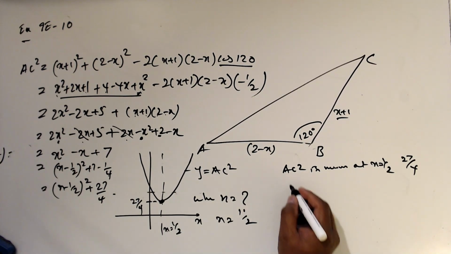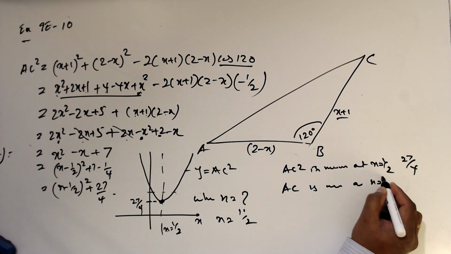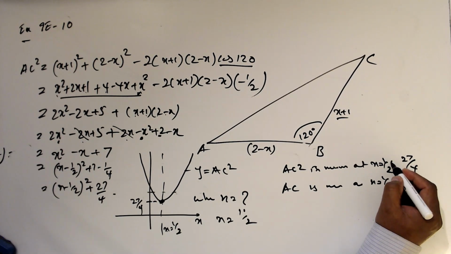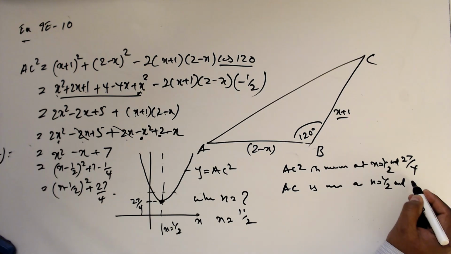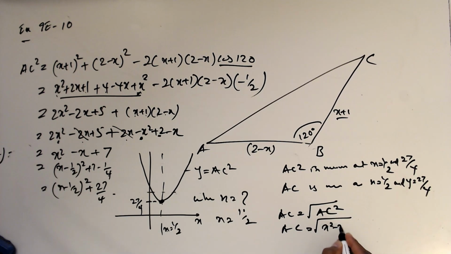And AC is minimum at x equals half, and the y value equals 27 over 4, because AC means square root of AC square, which is the square root of x square minus x plus 7.